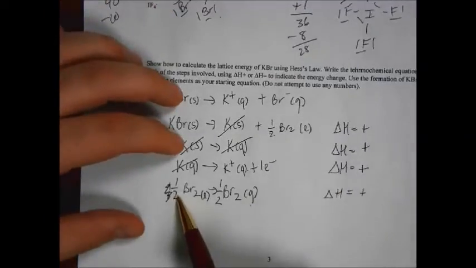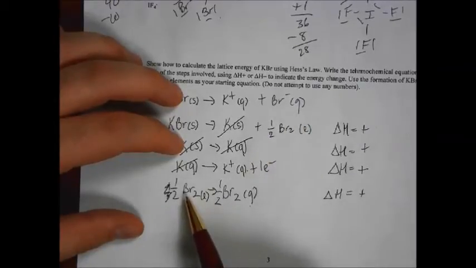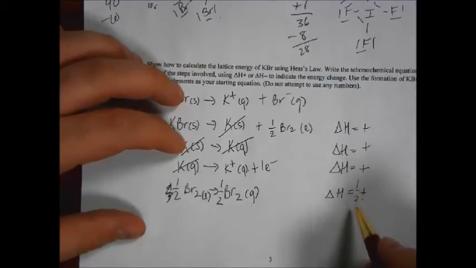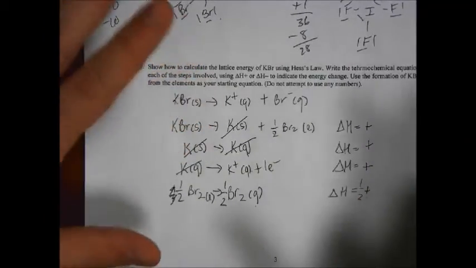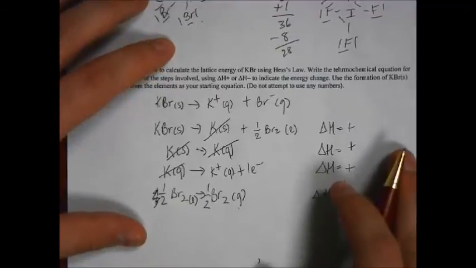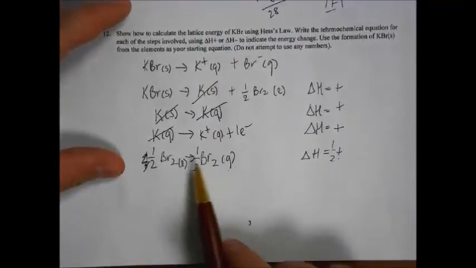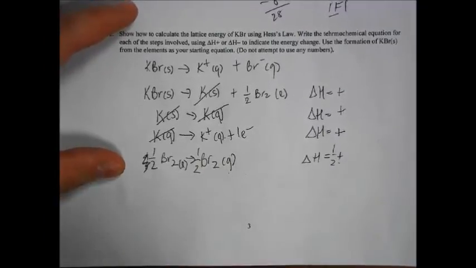But here you can deal with the 1/2 by basically, what this would have been was 1/2 of your evaporation energy. And if you put 1/2 here, that's perfectly fine. You could just put a positive, or you could put a 1/2. Both will get you credit. The important thing though is that you have to put a half on both sides, or a parenthesis and a half, in order to get full credit.